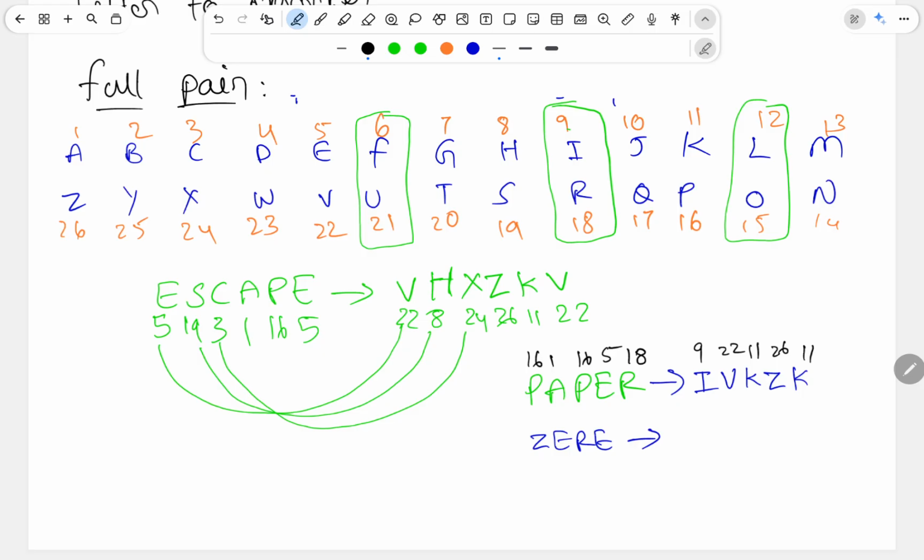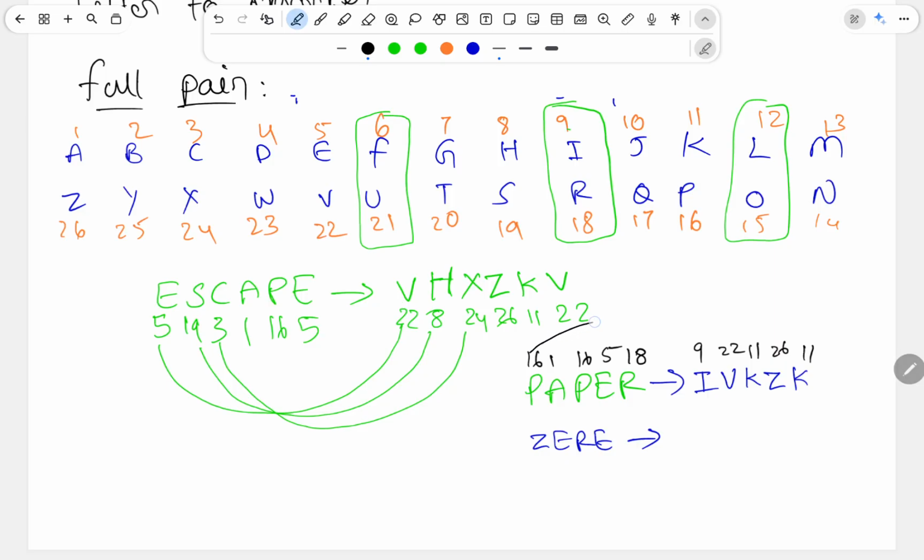It is not 27. Means in the exam, they won't mention that it is a question from full pair. This is a question from half pair. They will not mention, but we need to. So what to do? Check to and fro. Suppose you check from left to right, also check from right to left.